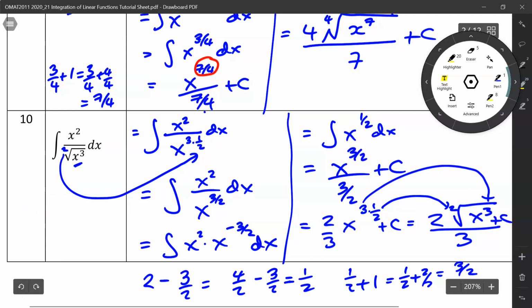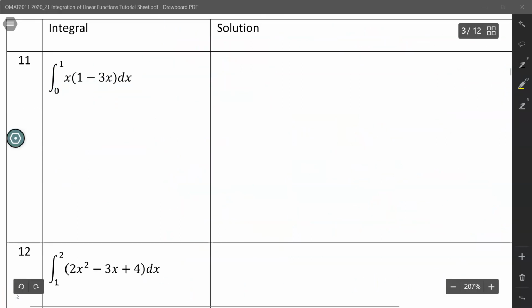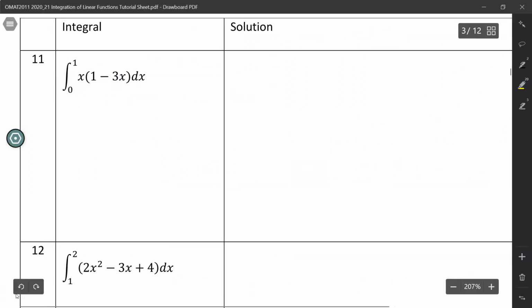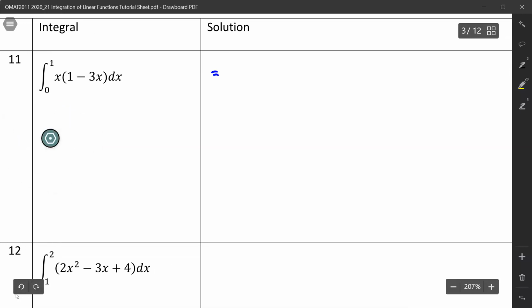Okay, so they're very like this. It's very like the stuff we've done in video 6 today. Question number 11 here is equal to, if I multiply it out, the integral from 1 to 0 of x times 1 minus 3x squared dx. So basically I multiplied the 1 by x and the minus 3 by x to give me minus 3x squared. I can then split these into 2.